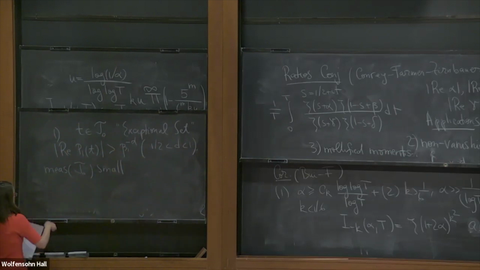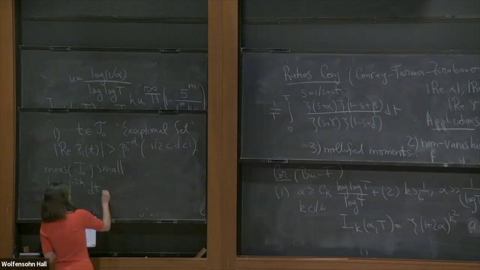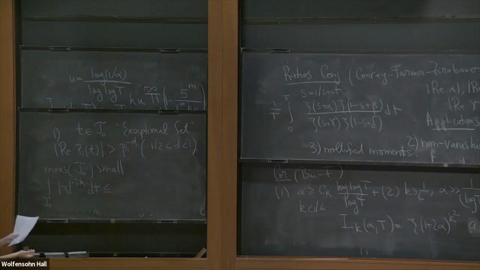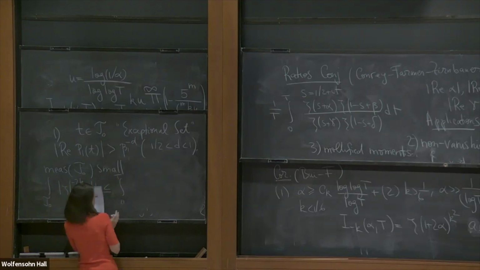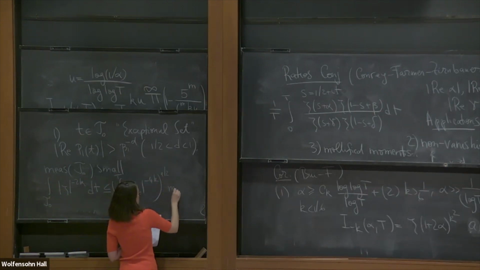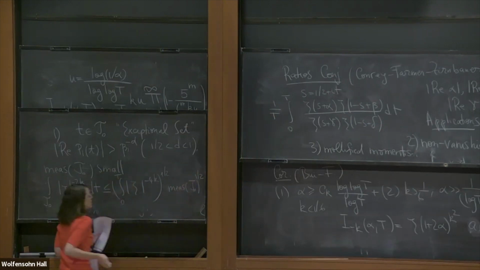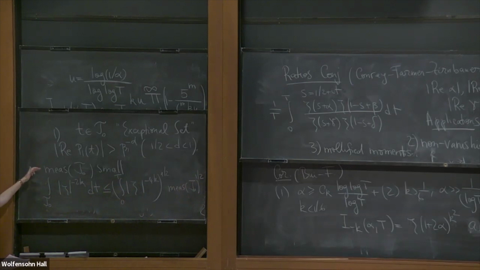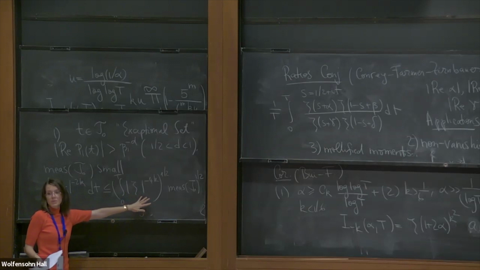So if we're looking at the integral over T naught of zeta to the minus 2k dt, then if we use, for example, Cauchy-Schwarz or Holder, this is bounded by the moment over the whole interval 0 to T of zeta to the minus 4k, to the 1/2, times the measure of T naught to the 1/2. So we need to show that the measure of T naught is small, and then we need some kind of bound for this 4kth moment here.